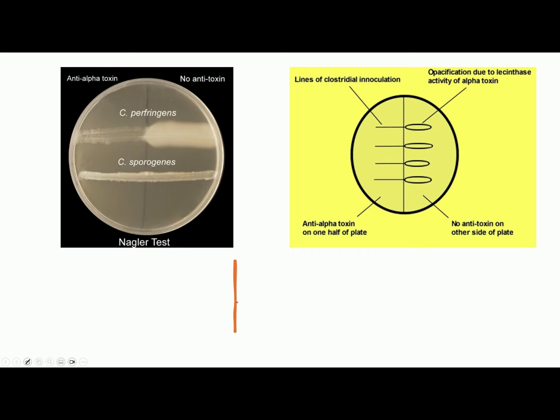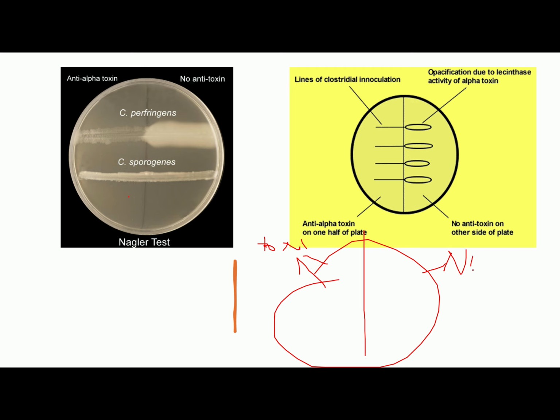So if one side class, kung ito yung plate nyo, hatiin mo yung sa gitna, separated in the middle, one side you would have the antitoxin, while the other half would have no antitoxin. So if there would be opacity on the no antitoxin side, positive siya.